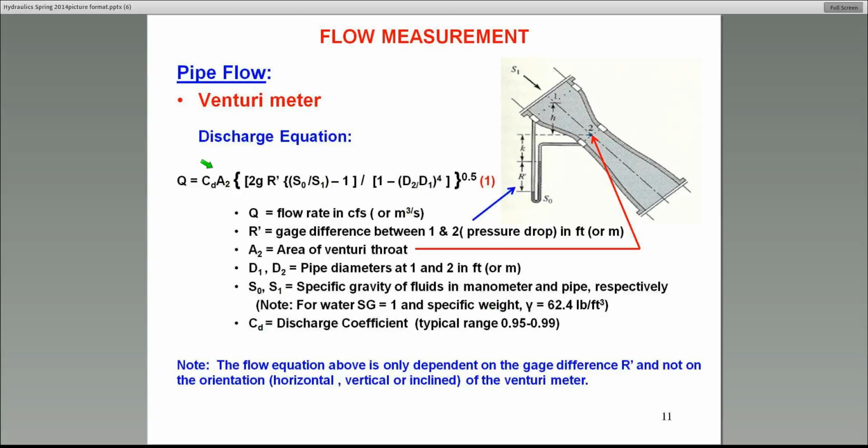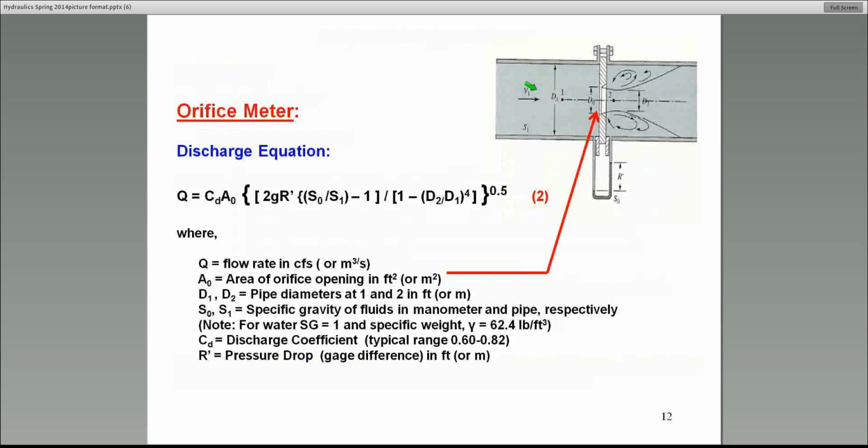A2 is the area of the throat of the venturi, and that's based on the size of the pipe at that point. Also, there's a ratio of two diameters here, D2 over D1. D2 is the diameter at the throat, and D1 is the pipe diameter at section 1 here. So anyway, this is a device that's used for measuring Q. We have another one called the orifice meter.